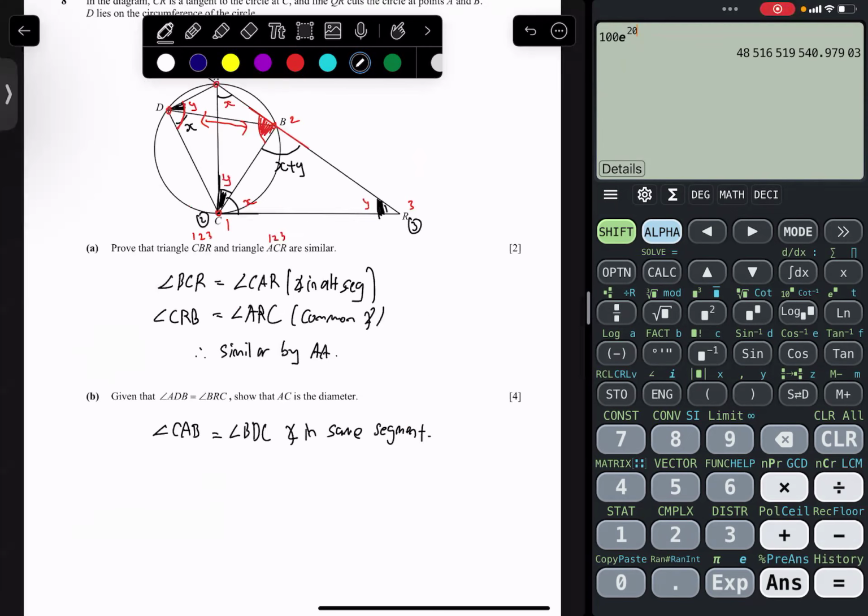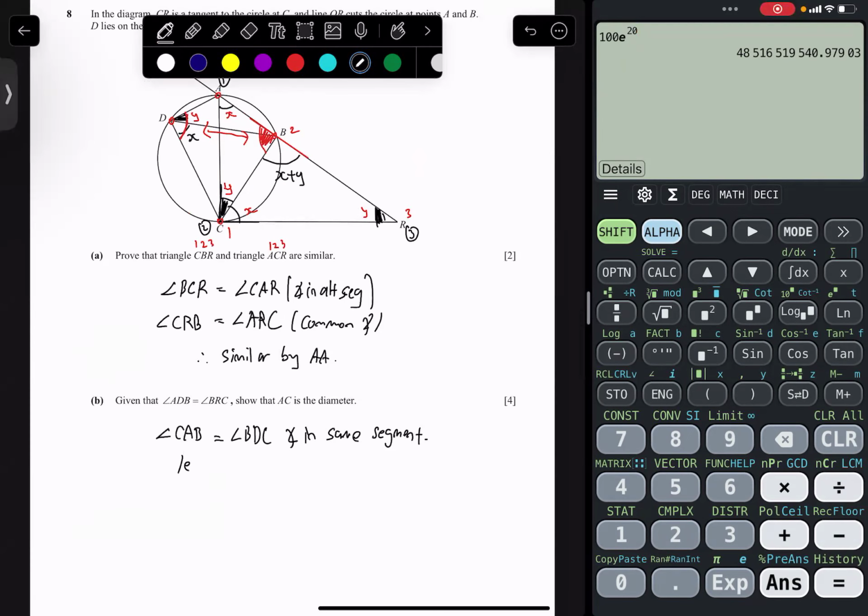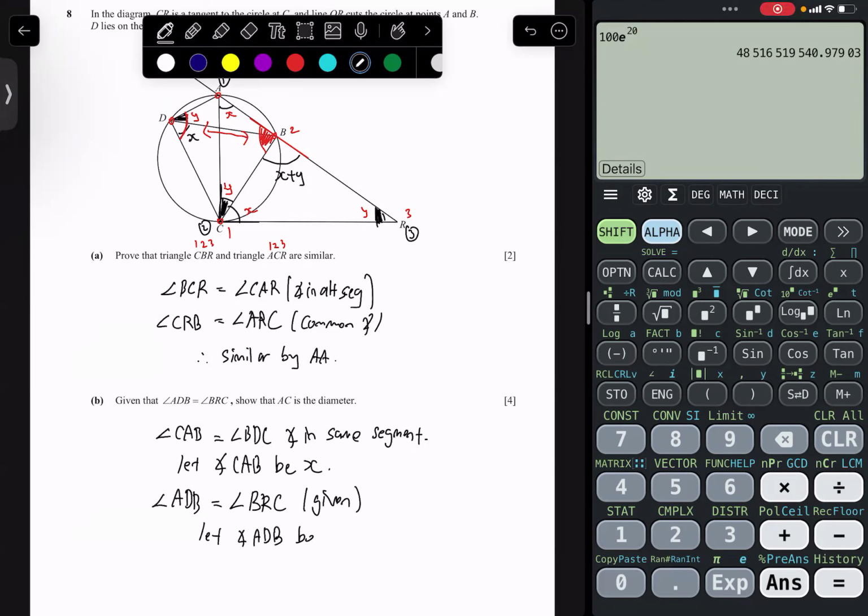Let angle CAB be X. We also have angle ADB equals angle BRC, given by the question. Let angle ADB be Y.